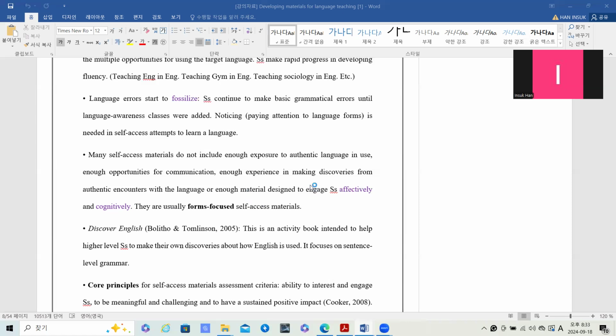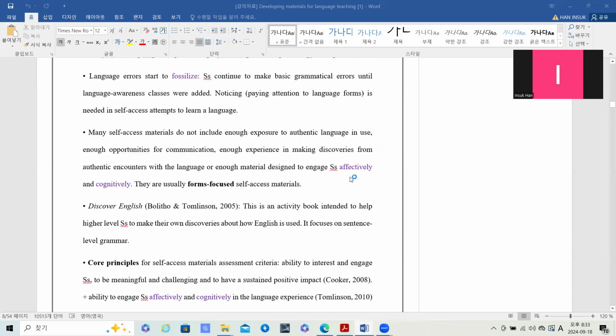So Brian Tomlinson says many course books need to consider the students' affective and cognitive involvement. Actually, realization of such an affective consideration of the students is not that easy.